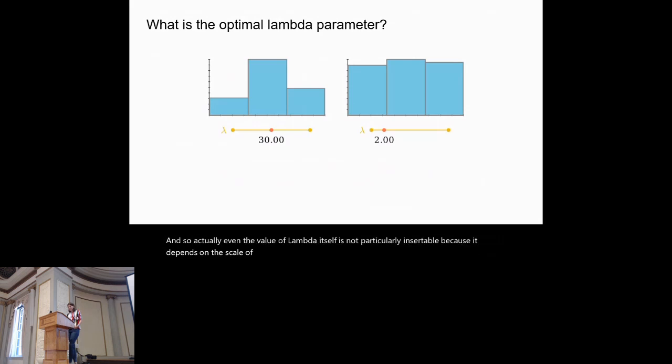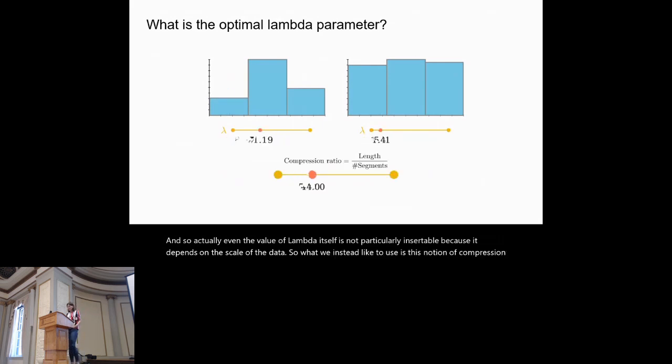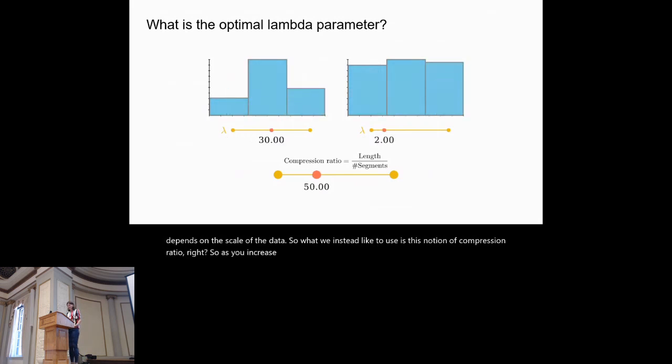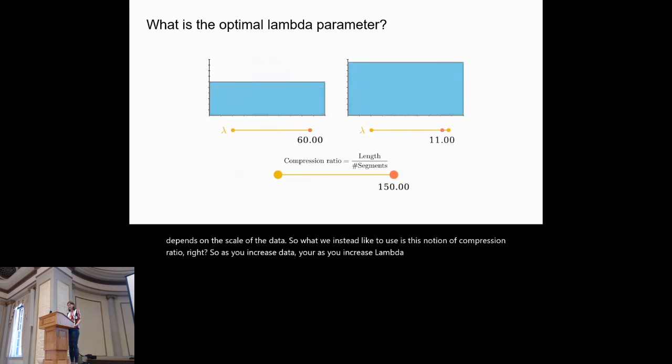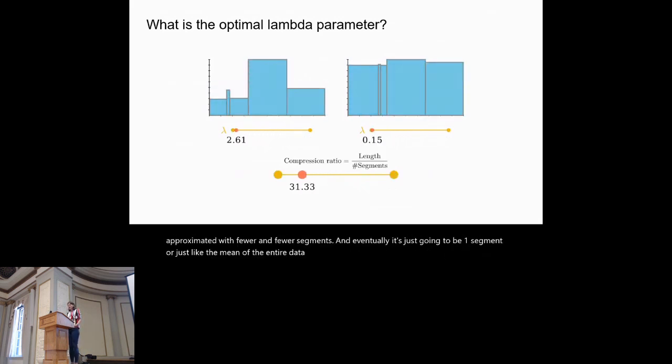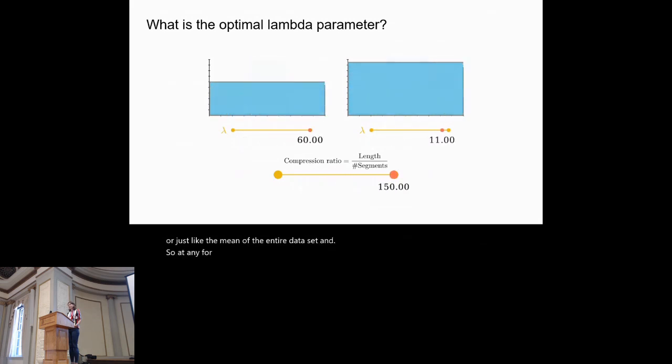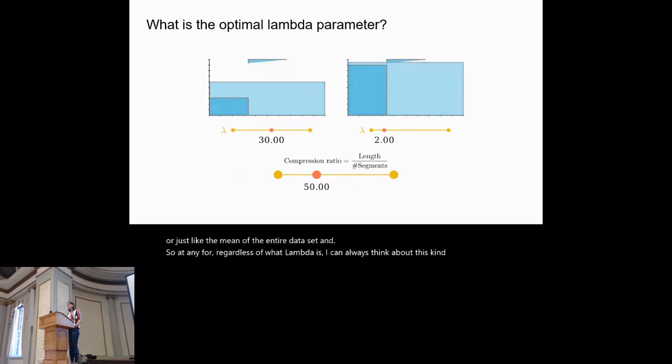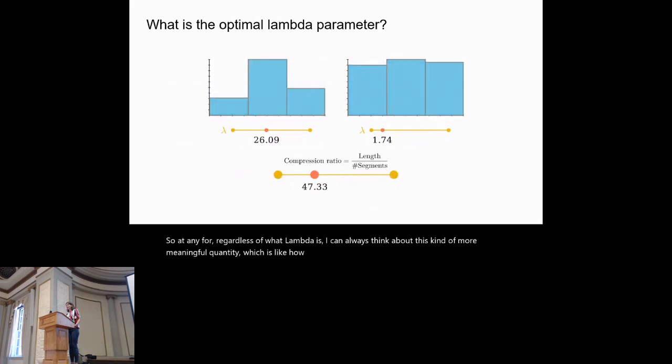So what we like to use instead is the notion of compression ratio. As you increase lambda, your data is approximated with fewer and fewer segments, and eventually it's just one segment, the mean of the entire data set. Regardless of lambda, I can think about this more meaningful quantity: how much have I compressed the data? How many segments do I have relative to the total length of the data set?